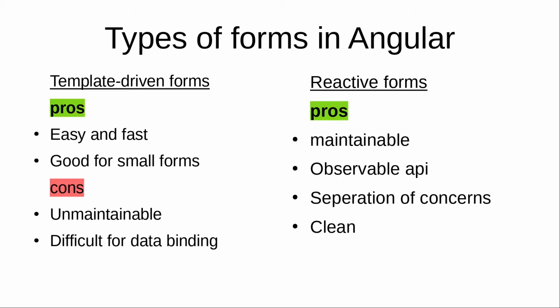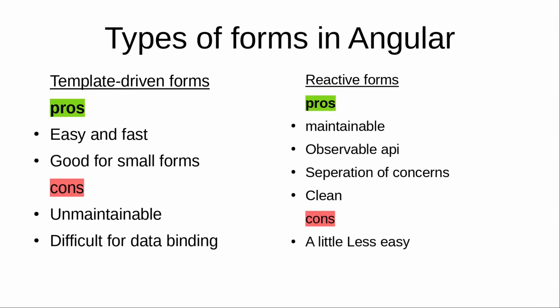It's maintainable, separation of concerns, and it's also clean. There are also some cons, not really cons. It's a little less easy. It's not difficult, but for the sake of having a con, it's a little less easy than template driven. Template driven forms you can create on the go, fast, but they're only good for small forms.